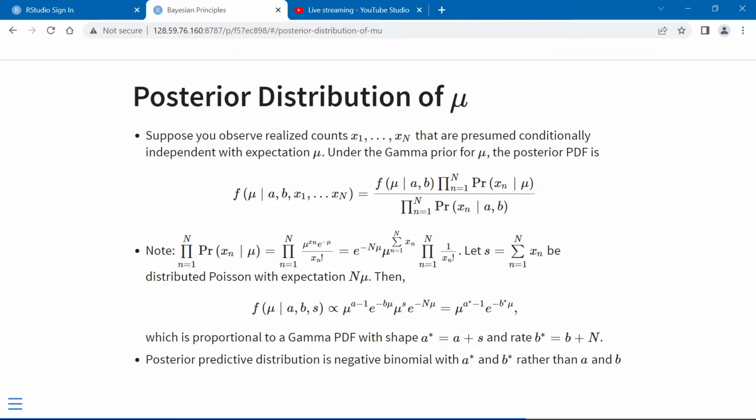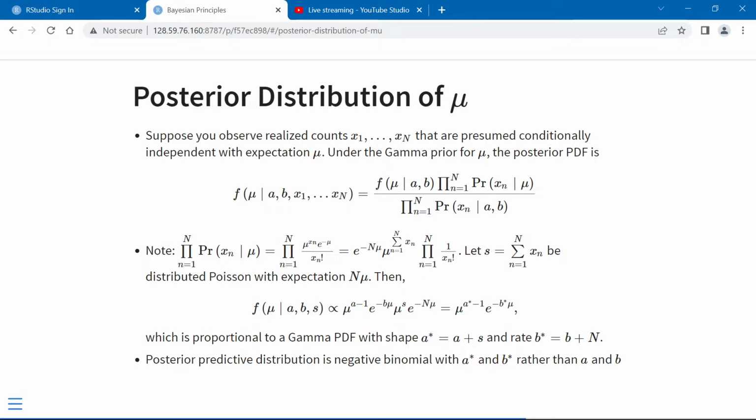And so then we can ask the equivalent question: what is the posterior distribution of mu given A, B, and S? And ignoring constants, which we're allowed to do, Lancaster does this a bunch.